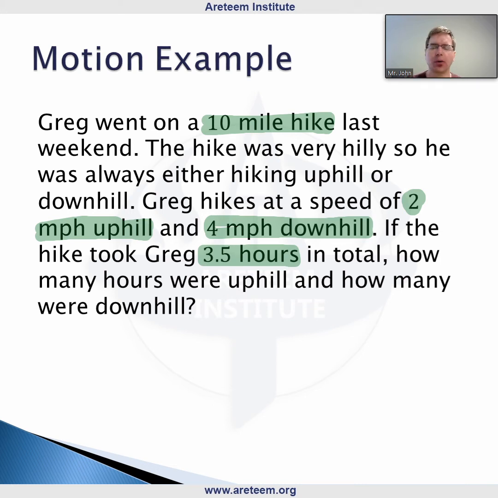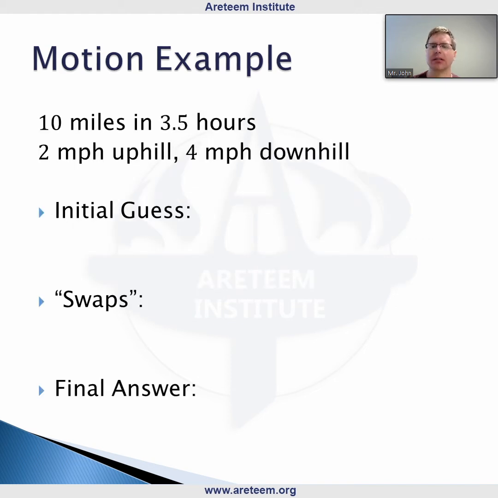So we can see pretty quickly, I have the important information summarized here, how this is related to chickens and rabbits. We have this information: it's 10 miles in 3.5 hours, and he can go 2 miles per hour uphill and 4 miles per hour downhill. As our initial guess, let's say he's doing all of the hiking uphill, so 3.5 hours uphill.